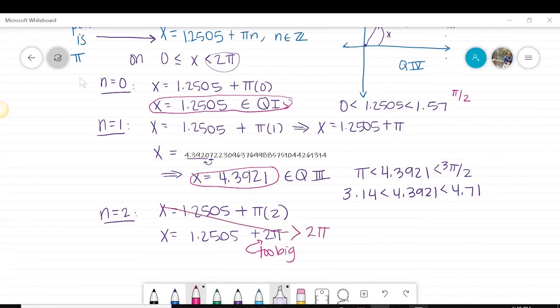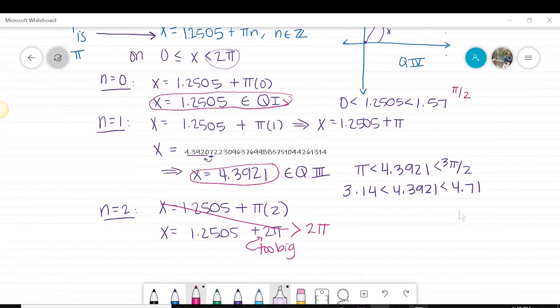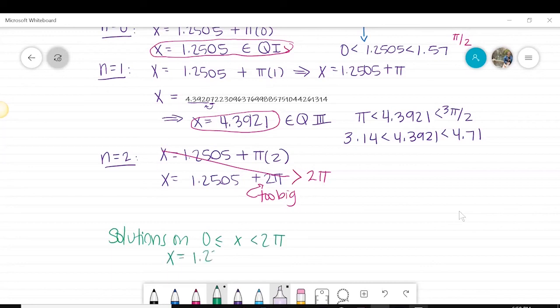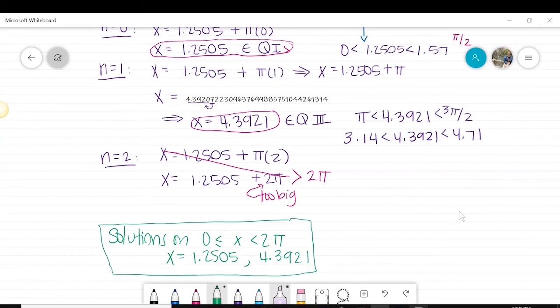Okay, so the only two answers we've got, let me write them out here, are solutions on 0 to 2 pi: x is equal to 1.2505 and 4.3921. And again, I did round those, so make sure you follow directions on what rounding is supposed to look like for whatever question you're working on, okay?